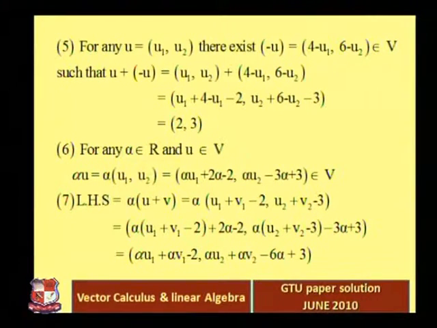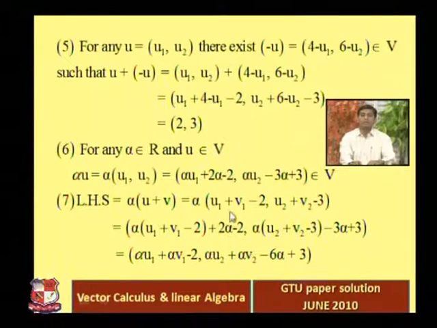The 7th condition, the distributive law: alpha into (u plus v) is equal to alpha into (u1 plus v1 minus 2, u2 plus v2 minus 3), right? Because for u plus v, we have (u1 plus v1 minus 2, u2 plus v2 minus 3).